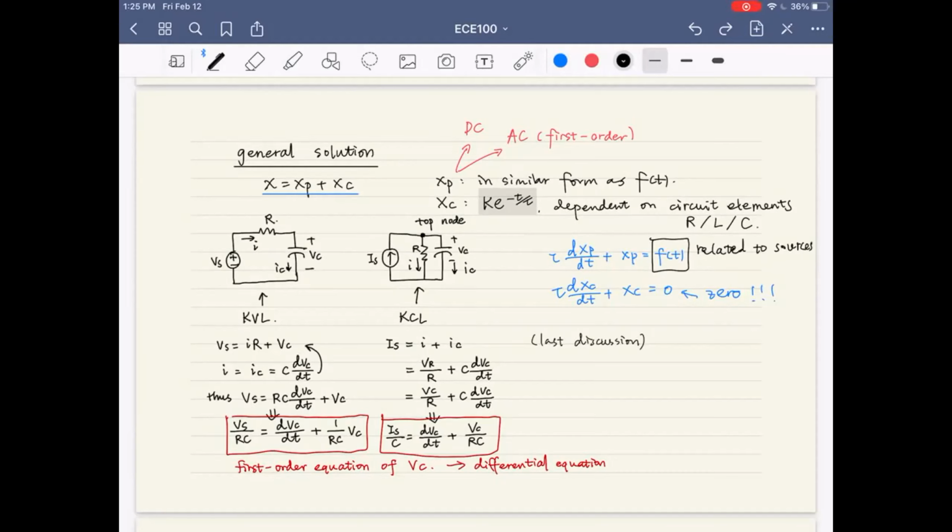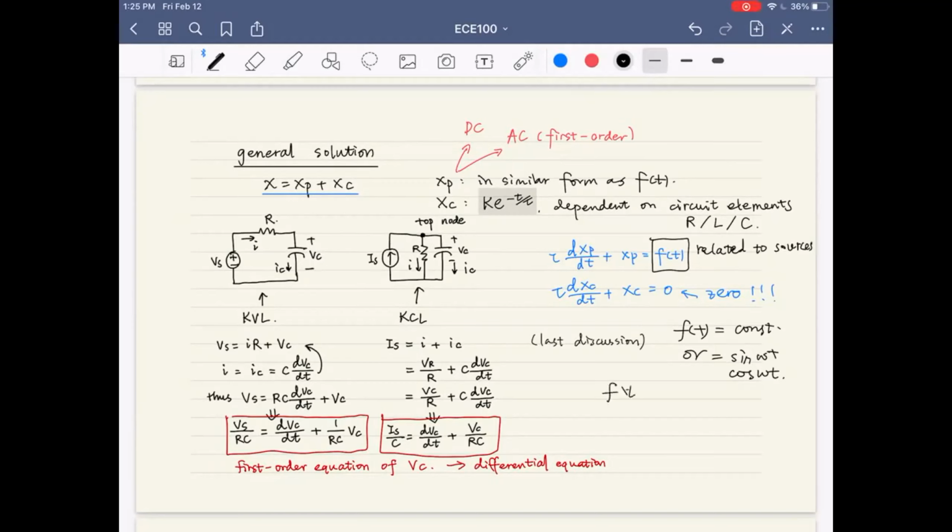So here we only consider when FT is a constant or a sine form. So this is what we consider in exam and even in this quarter.